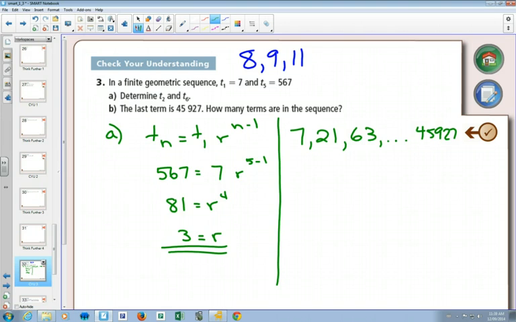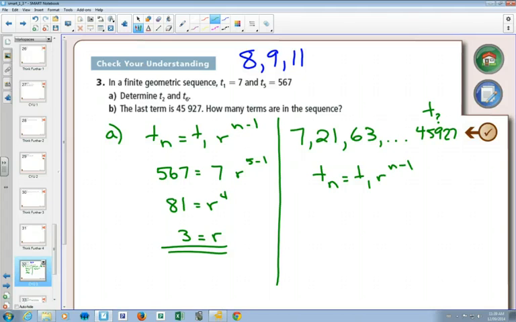So when we go to our formula, Tn equals T1 r to the n minus 1, if we want to find out what number this term is, question mark, what it's telling us is we don't know n. Okay?